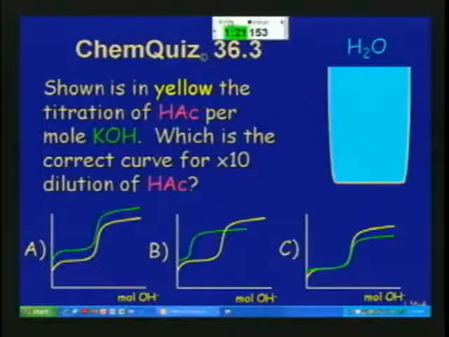Why don't you discuss this with each other, please? And what I said about the equivalence point for strong acids is probably also true for weak acids.